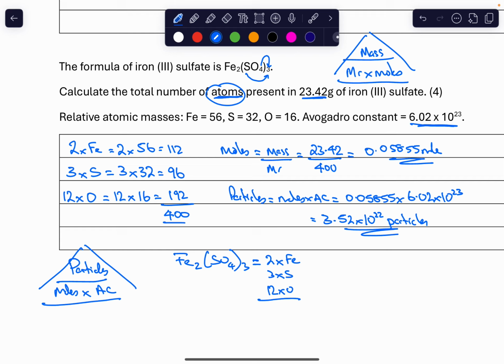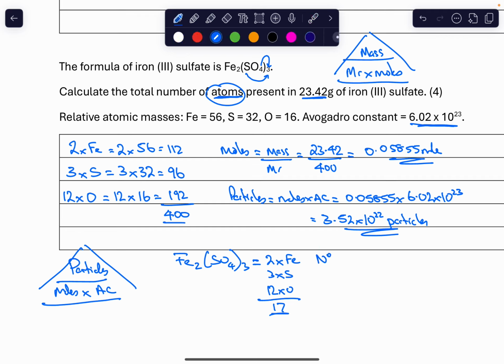So the number of atoms is going to be 12 plus 3 is 15, plus another 2 is 17. So what I need to do now is multiply this, kind of the moles of iron sulfate, multiply it by the amount of atoms that's going to contain, and that gives me my final answer.